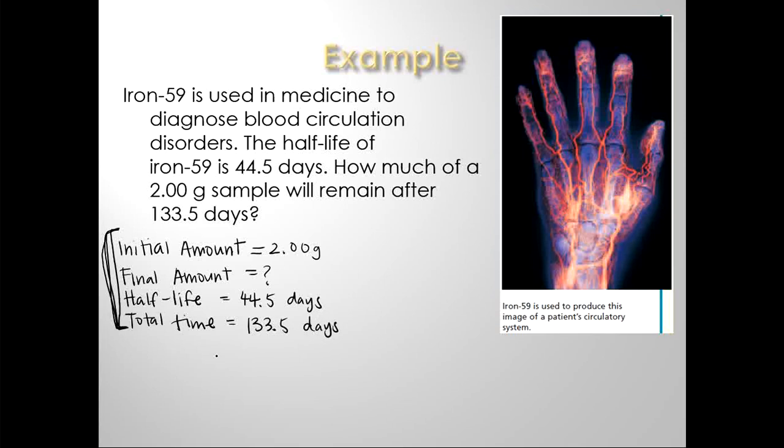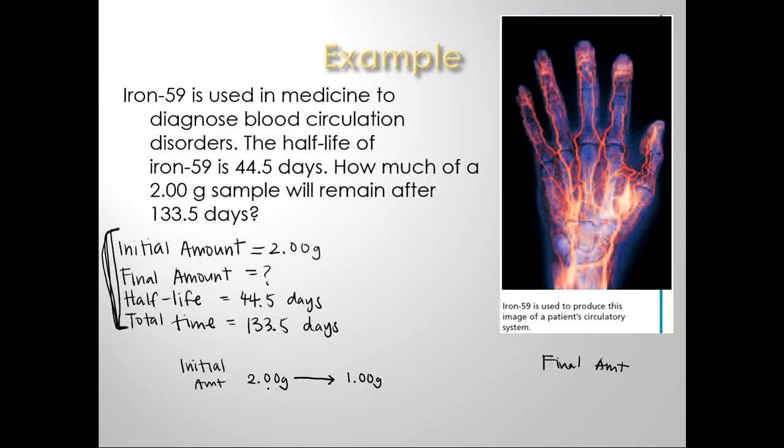So the way to go about solving these problems is making a timeline. Over here on the left side, we have our initial amount. And over here at the end, we have our final amount. We begin with 2 grams. And we're going to go ahead and cut this in half. So half of 2 is 1.